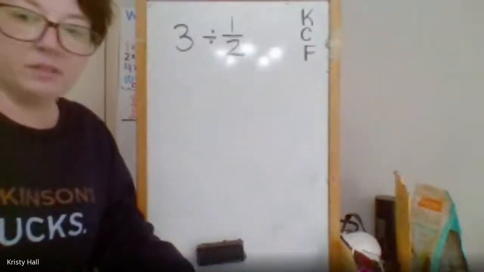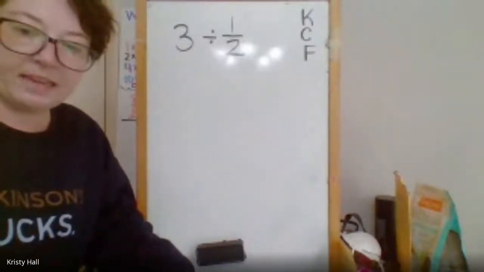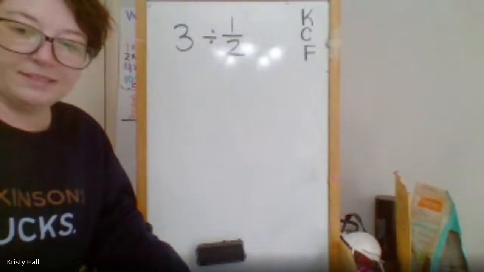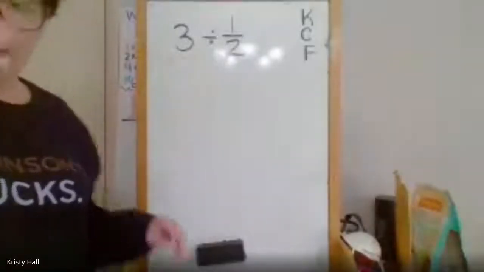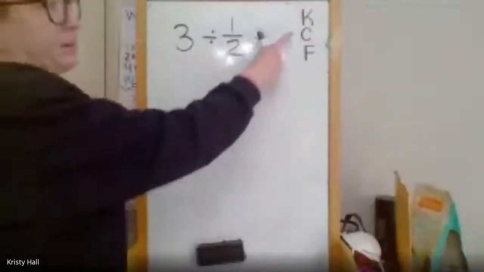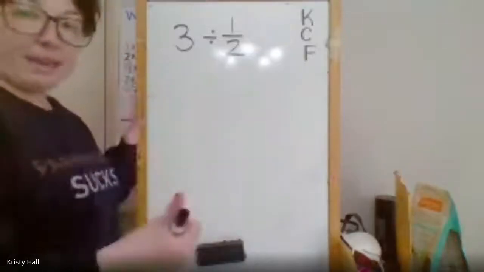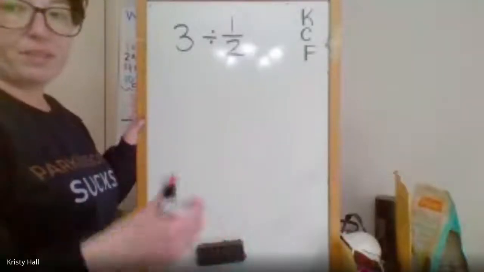Who can help me with this one? Ava Johnstone. What am I doing with the first number? What do I do with the first number? Summer said we do keep, change, flip. So it's the first step.